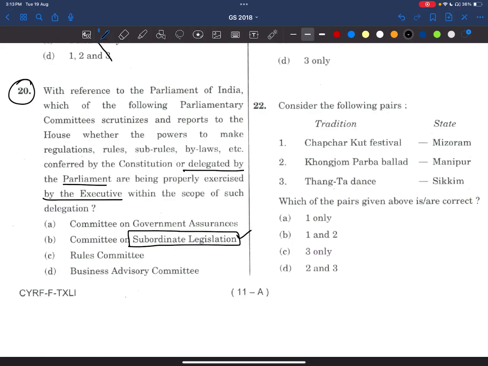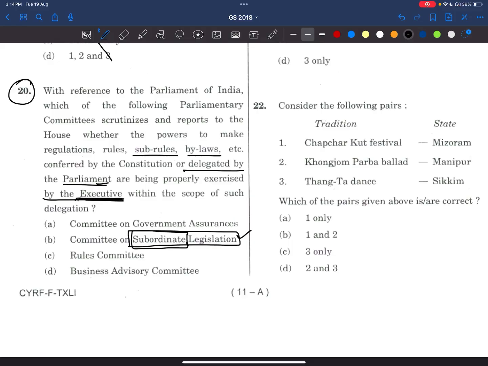Now what are we saying? Subordinate legislation. See here, sub-rules and bylaws are not made by Parliament, they are made by the executive. This delegation, delegated powers, is given by Parliament or the Constitution to the executive to make rules. Parliament will pass a law, and the law is like a skeleton, it needs rules and regulations.